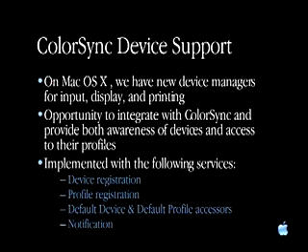And this gave us an opportunity to integrate ColorSync with those device managers to allow ColorSync to be aware of actual devices and their profiles. This is very powerful. It was implemented with the following services in general: device registration, profile registration, the notion of defaults for devices and profiles, and notification services, which we'll talk about later.